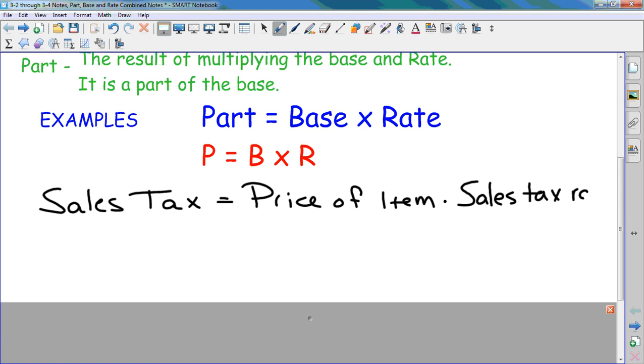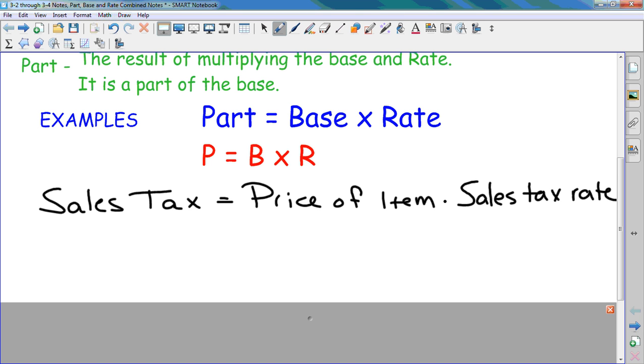That's going to vary based on the county you're in. If you buy something in Cleveland, it's going to cost a little bit different than if you buy it in Tuscarawas County, just because the sales tax rates are different.